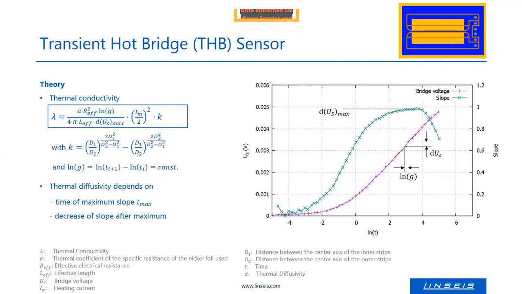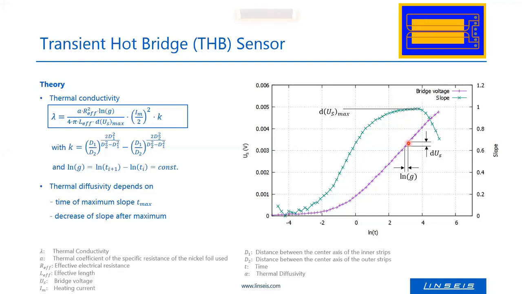For those people who want deeper knowledge, you can look at these equations, and we have the original publications in which it is described in more detail. But for now, it is okay to know that the slope is taken from this delta U at the inflection point. This inflection point can be seen when the first derivative of this curve is plotted. Then we see a maximum here.